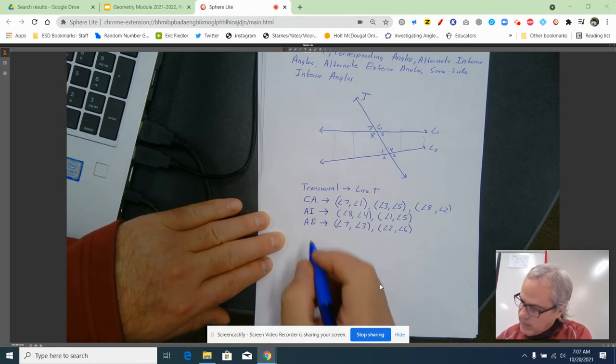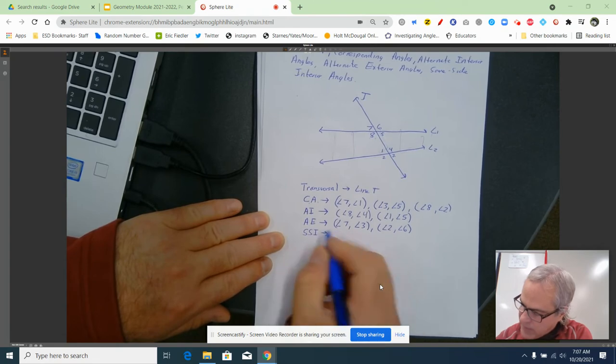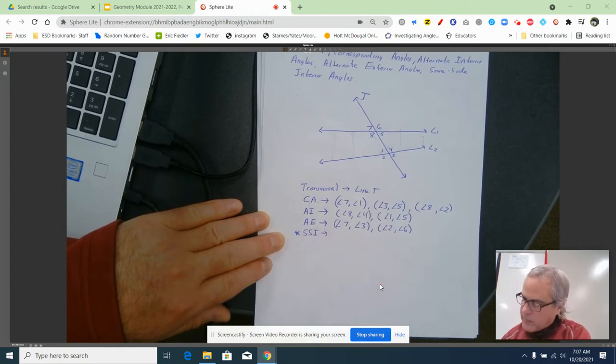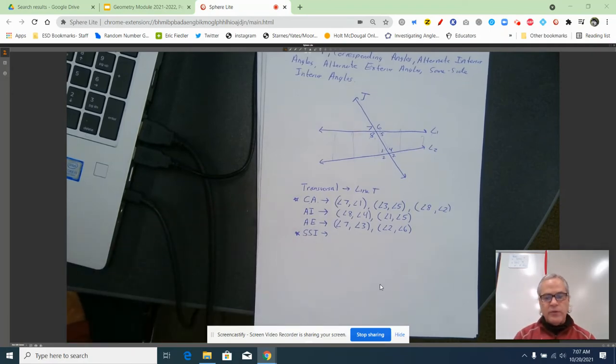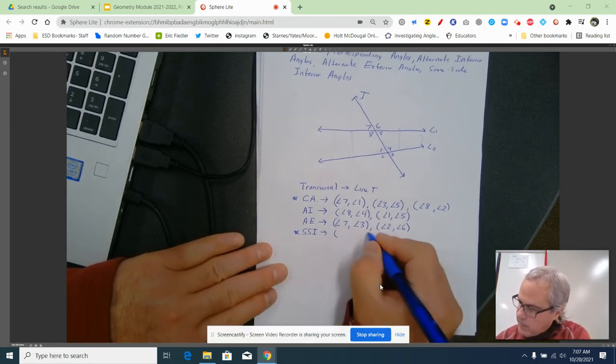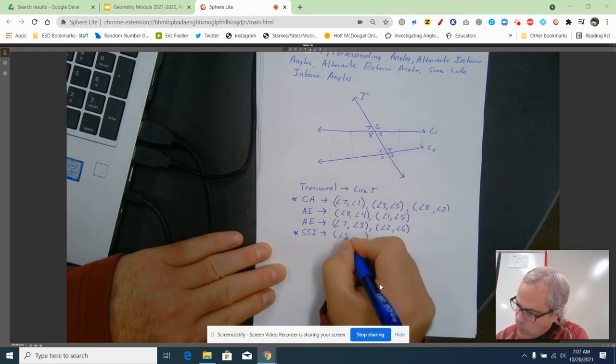And the last one, same side interior angles, SSIs. These are tricky. The two trickiest ones for students typically are corresponding and same side interior. You can get those, you're going to get this idea. Same side interior angles are on the same side of the transversal, and they're both in the interior.